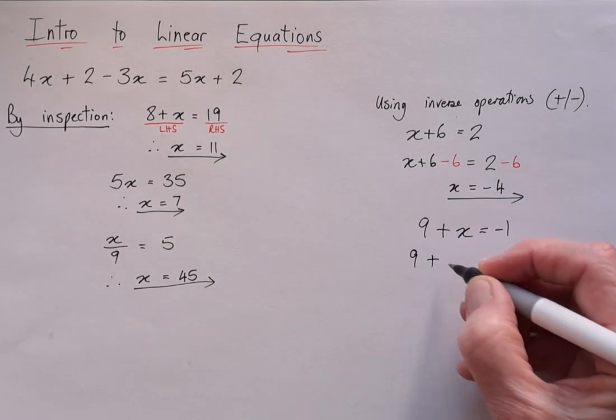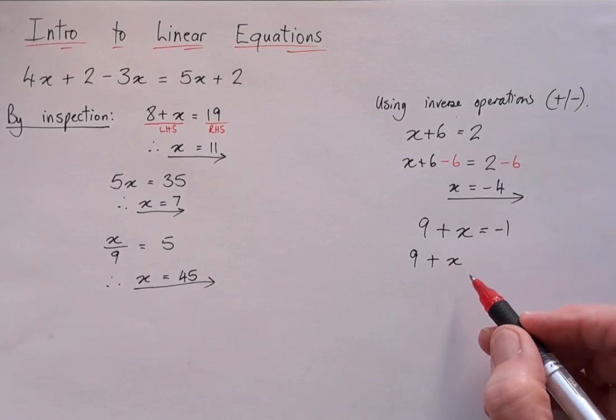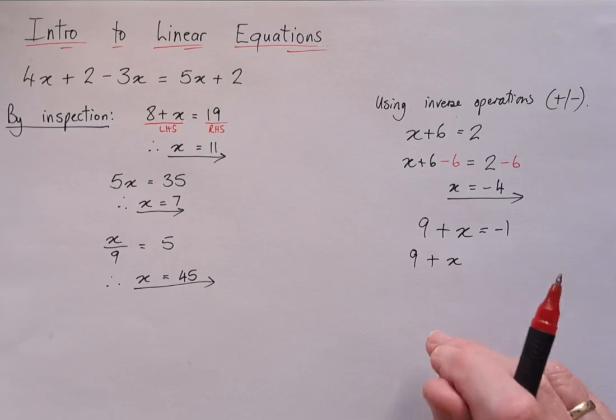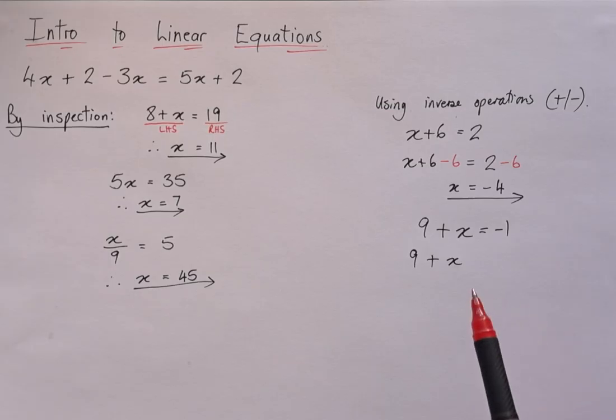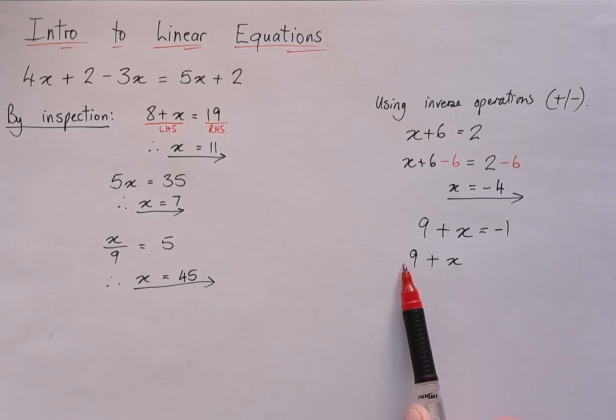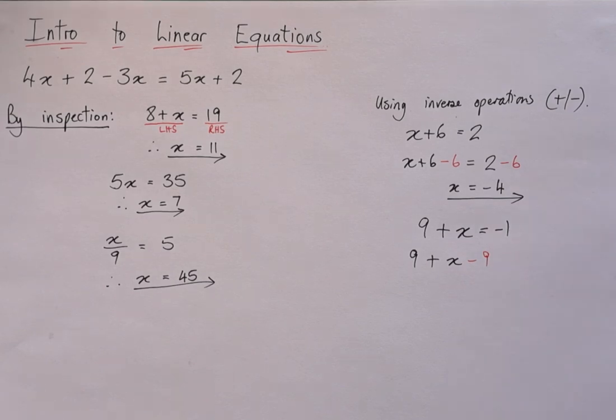So this step here where I'm writing in my additive inverse, you're going to start leaving out, and you're going to use a shorthand very soon. But for now, let's just consolidate what this is all about. If this is 9, remember, if a number doesn't have a sign in front of it, it's automatically positive. So that means positive 9, so the inverse operation will be minus 9.